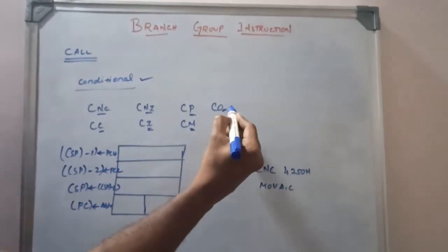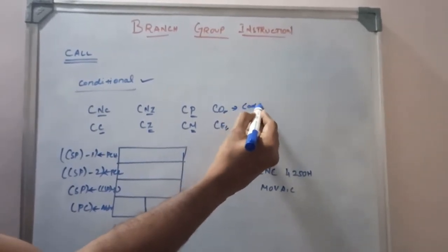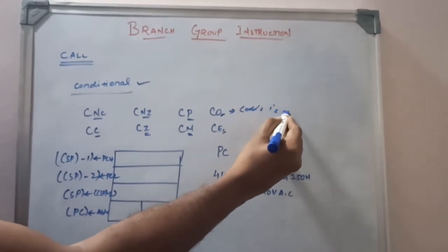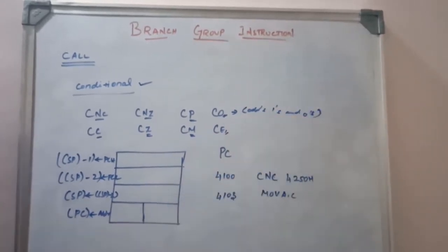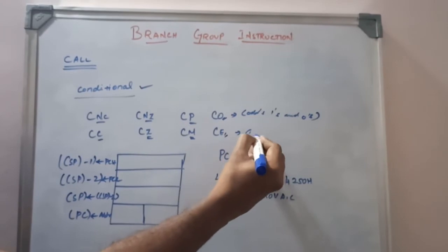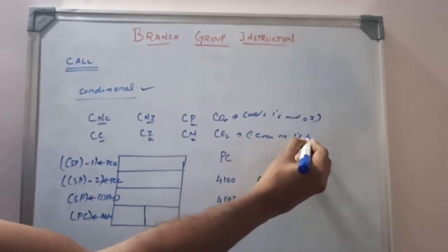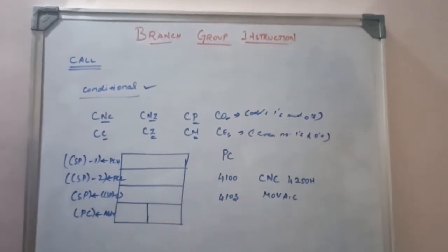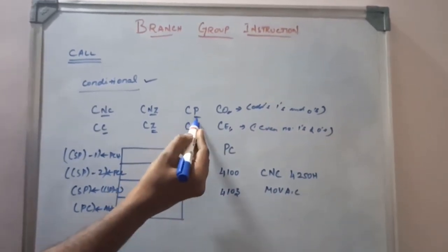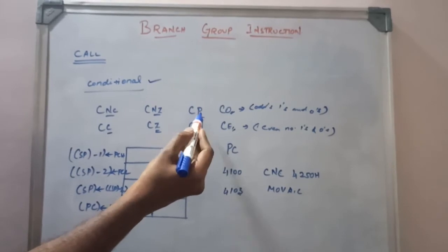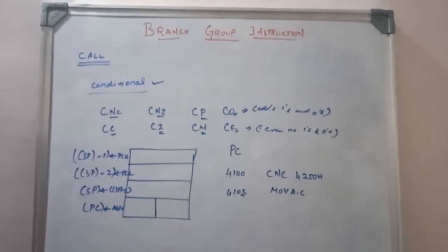Odd parity means an odd number of ones present in the result, even parity means an even number of ones. CP means a positive value, CM means a negative value.